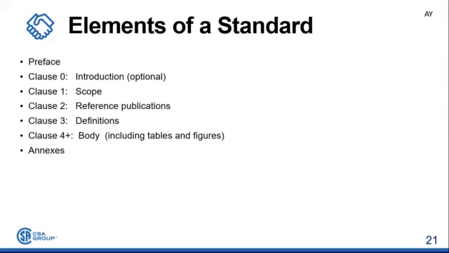The body of this standard is where you can find most of the information and requirements. And we have also included some annexes, which are informative, that will help further the organizations in implementing this standard. Next, please.